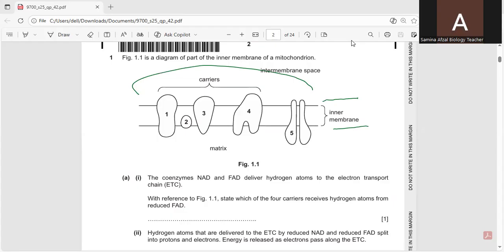So the process involves the delivery of hydrogen atoms. The hydrogen atoms split up into protons and electrons during the process.